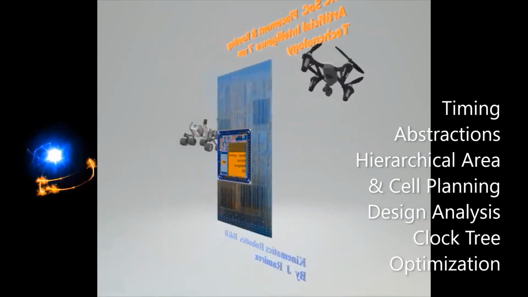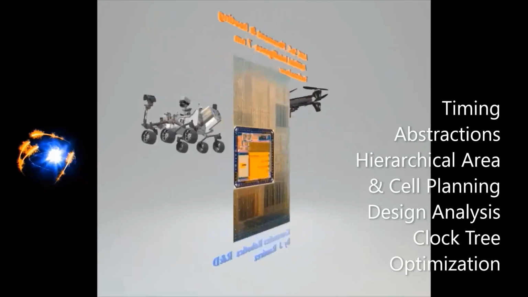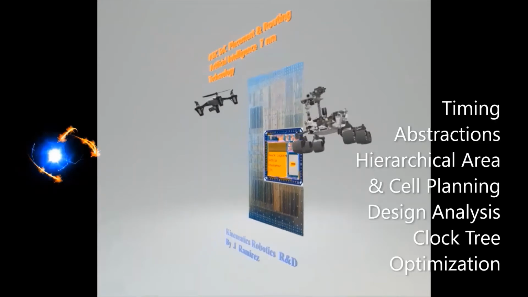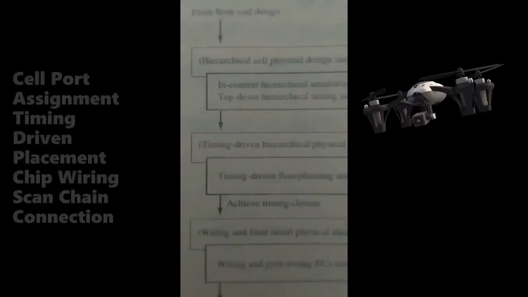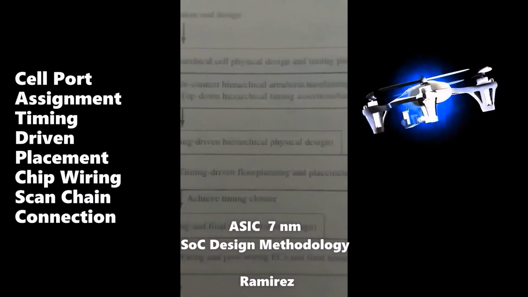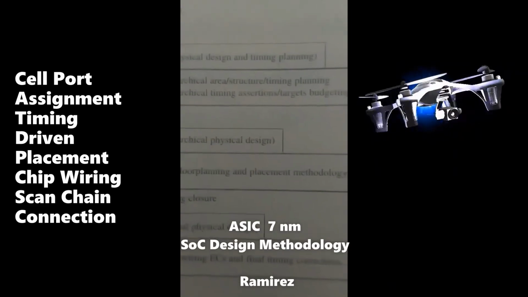Physical design methodology for the ASIC 7 nanometer technology in the artificial intelligence system. First, identify connections to be optimized after placement so that they will not influence the placement. This includes the scan and clock connections to latches.